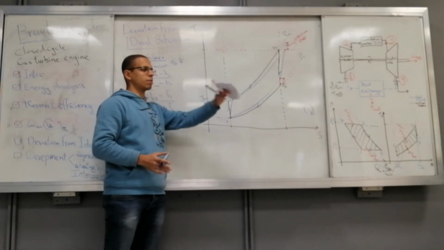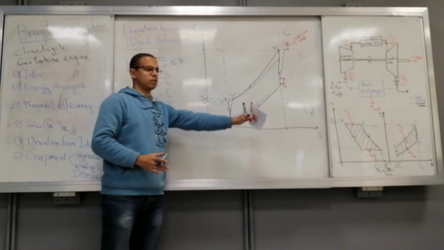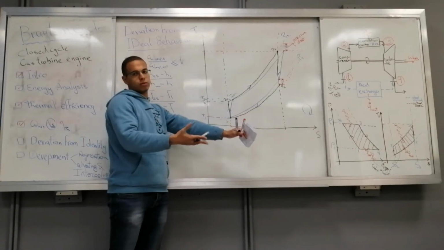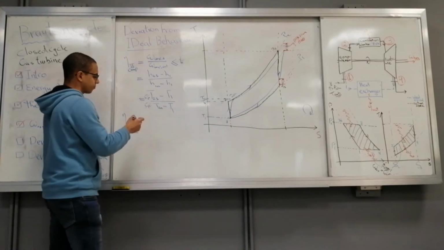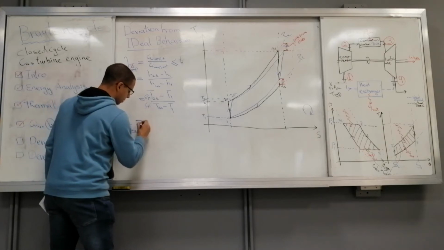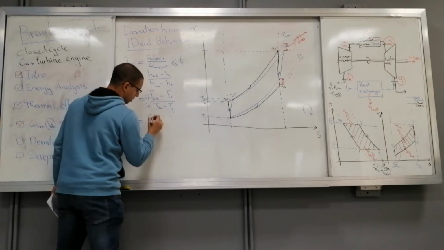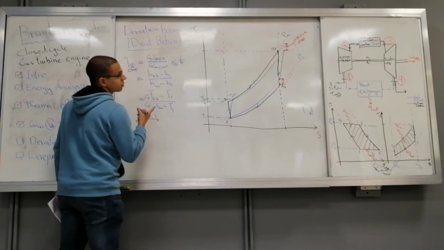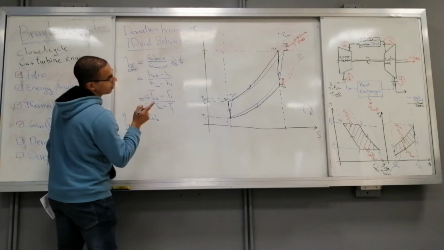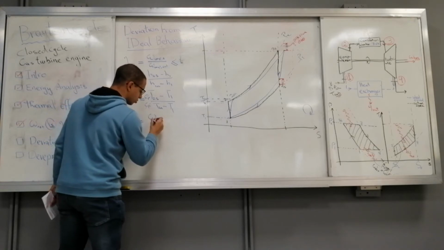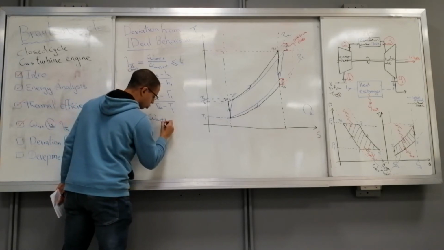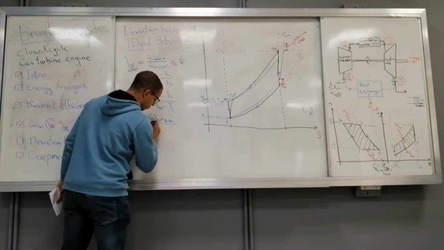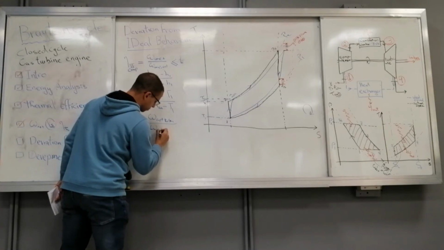Theoretically, I'm having the limit, the best performance I want from the cycle. So it's gonna be the reverse: the actual work of the turbine over the theoretical work of the turbine.